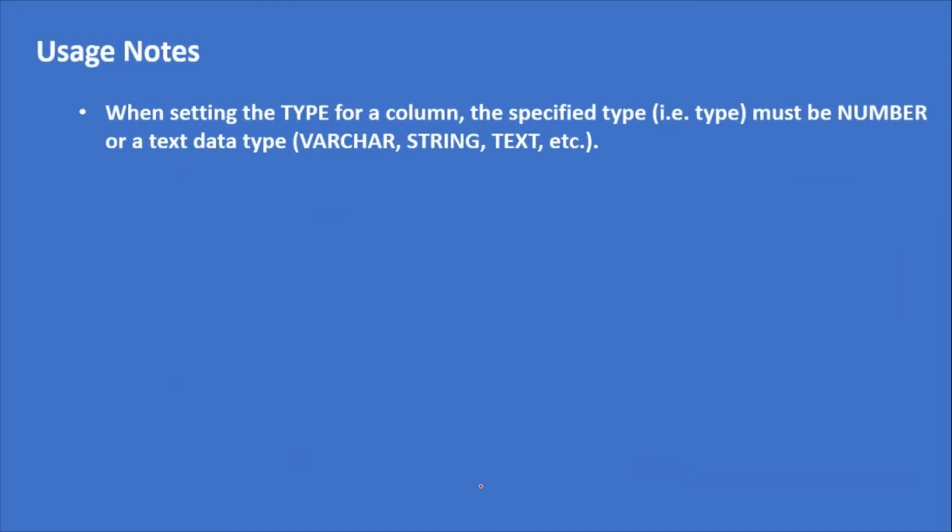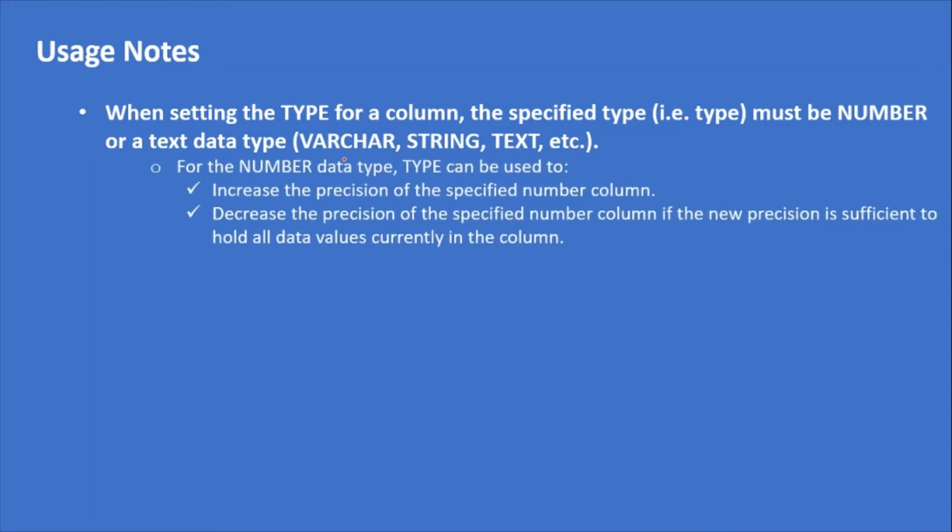When setting a type for a column, the specified type must be a number or a text data type. A number data type can be used to increase the precision of a specified number column, or decrease the precision of a specified number column if the new precision is sufficient to hold all the data values currently in the column.